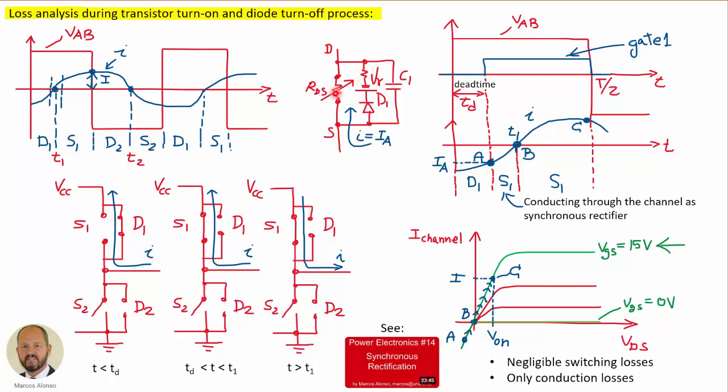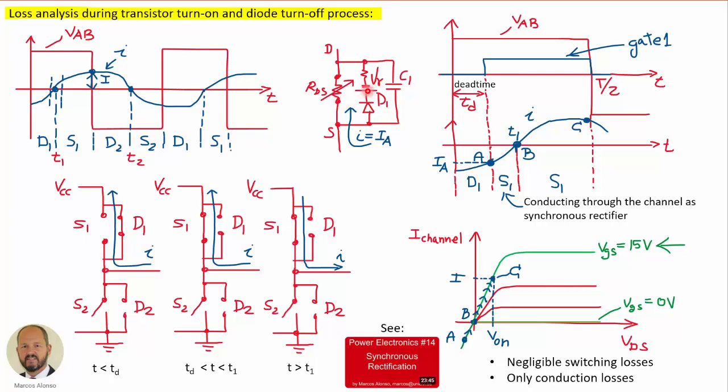So we can see the switch as a variable resistance. At the beginning, before applying the gate voltage, this resistance is very high, and when we start applying the gate voltage, the resistance is going to decrease until the on value.